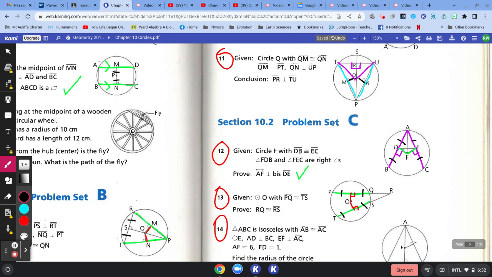And we can draw an additional segment. Let's make it purple. We're going to connect O to R. And OR is congruent to itself.